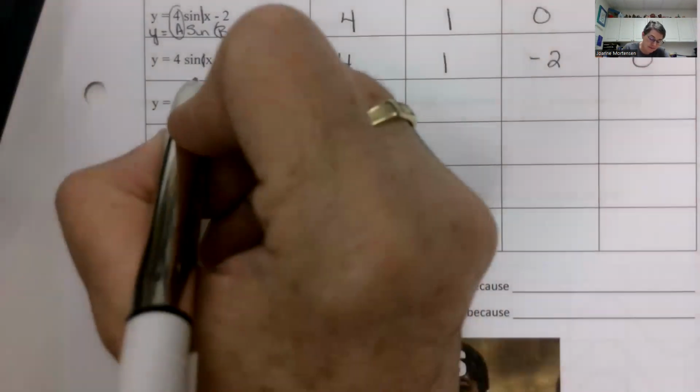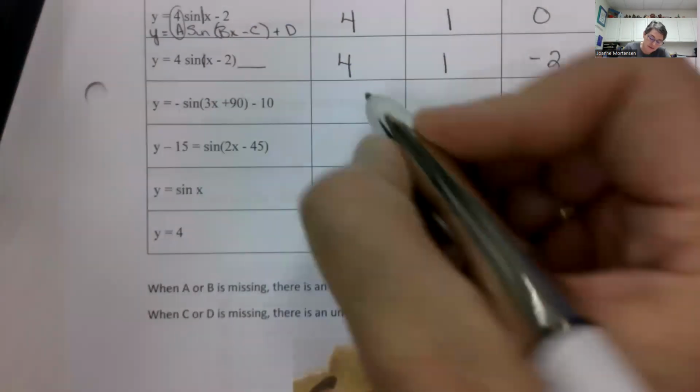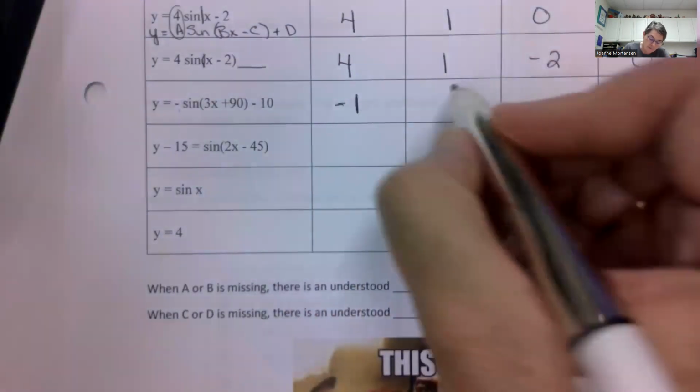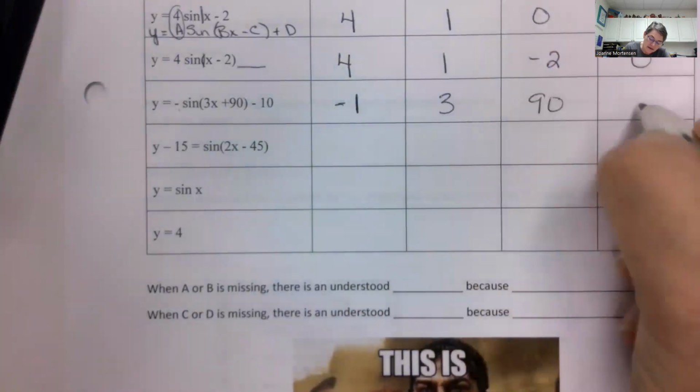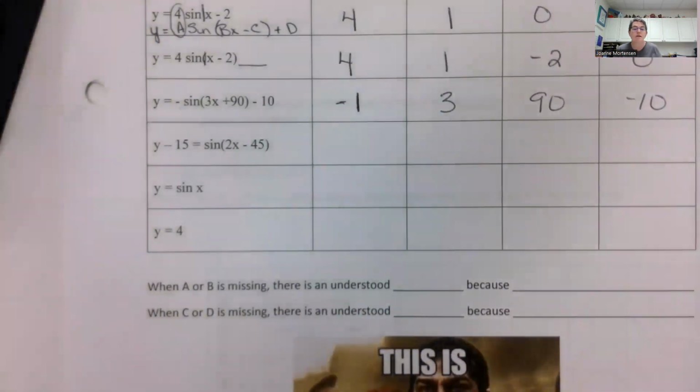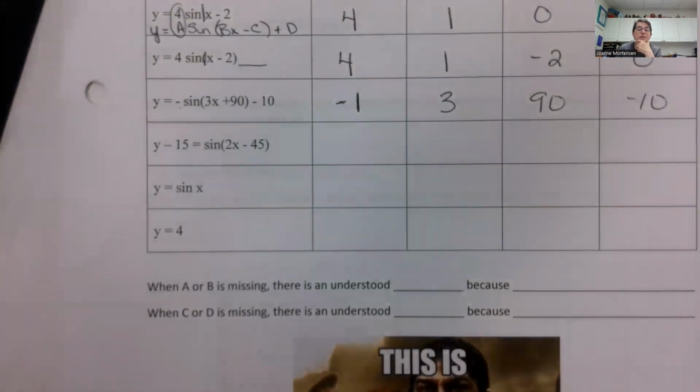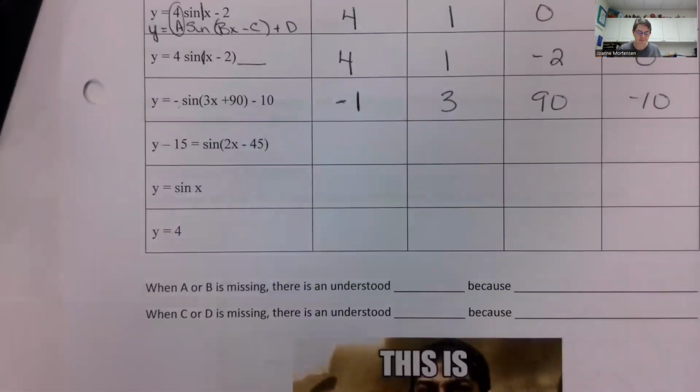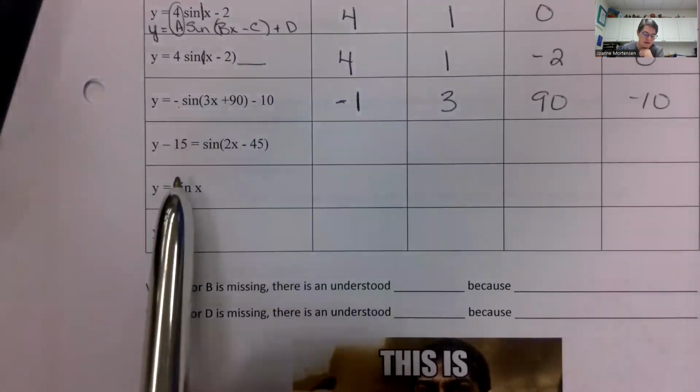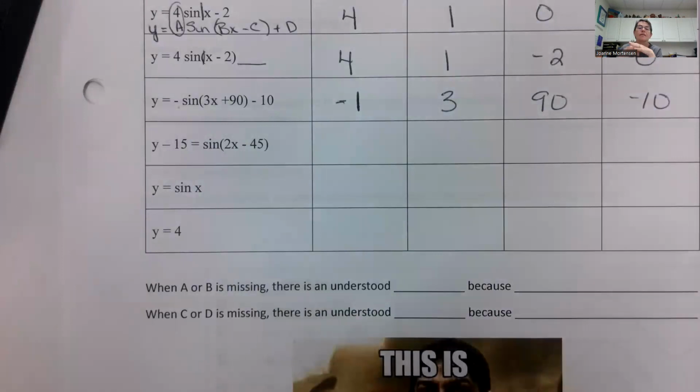Oops, that one's weird. Okay, what's the understood number? And you can have negative a's and 3 and 90 and minus 10. Now, before you answer the next one, look at it and what's weird? You compare this equation to everything else. Every other single equation starts with y equals.